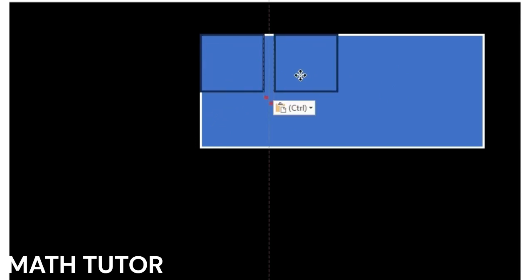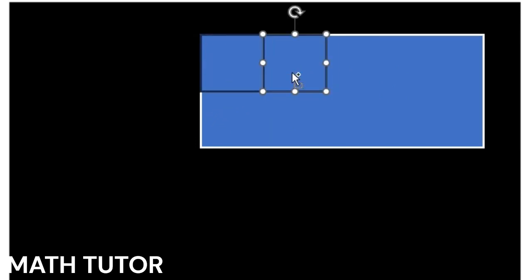Now to calculate the area or perimeter of this rectangle, let us take 1 unit square and try to find the number of squares in the rectangle. This rectangle consists of 8 unit squares.